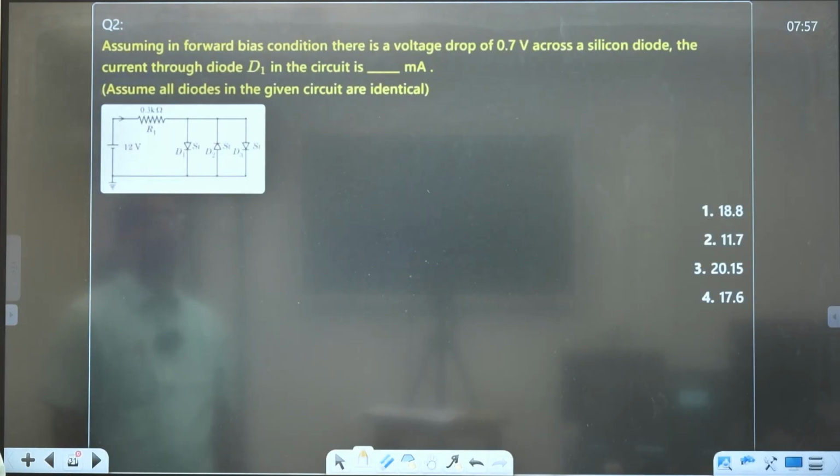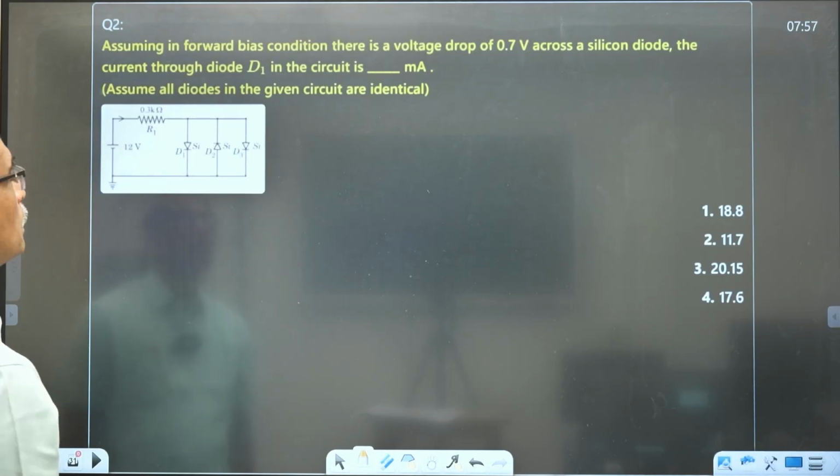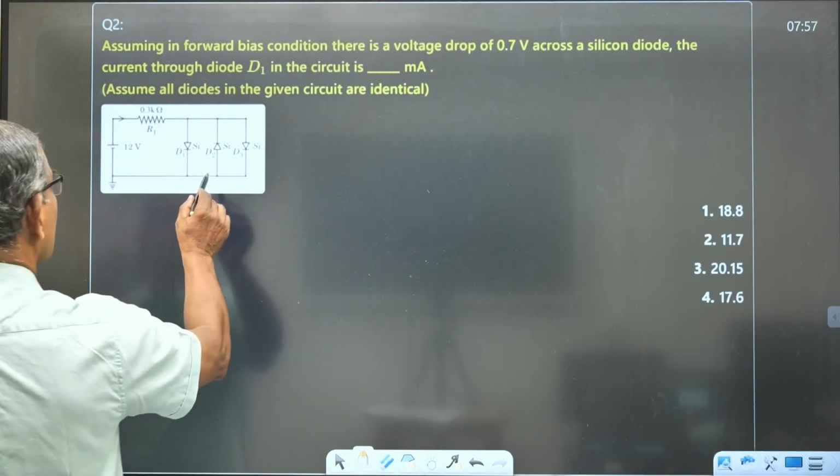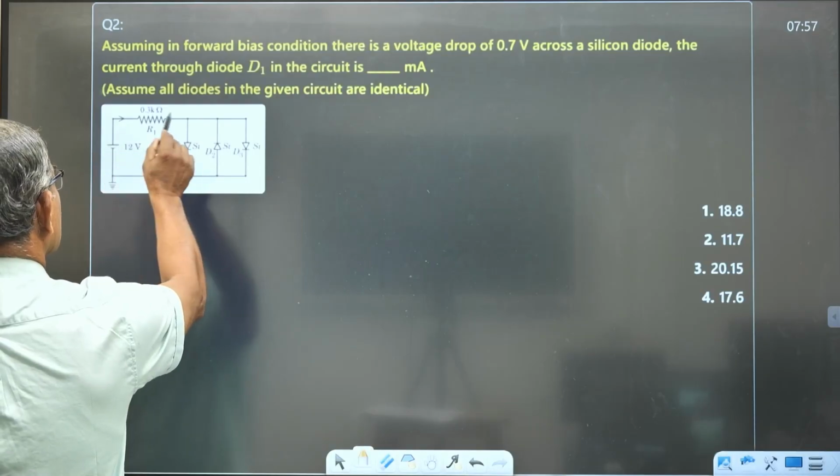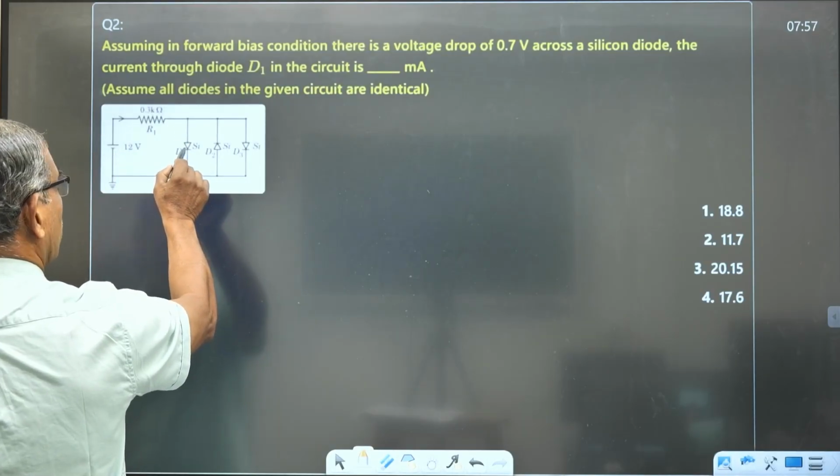Now, assuming the forward bias condition, there is a voltage drop of 0.7 volt across the silicon diode. The current through diode D1 in the circuit is in milliampere. Now, assume the diodes in the given circuit are identical. You see in this figure, here the silicon diode is forward bias.